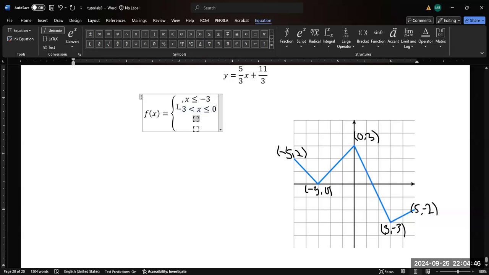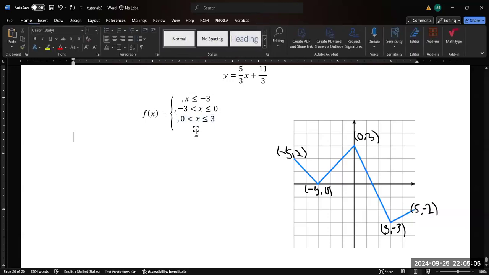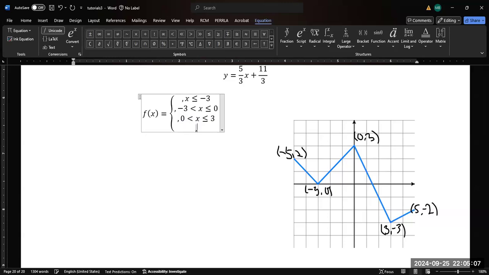And then the next section is going to start at 0 and go up to 3. And then the final section is going to start with x greater than 3, because it's just going to go off to the end.